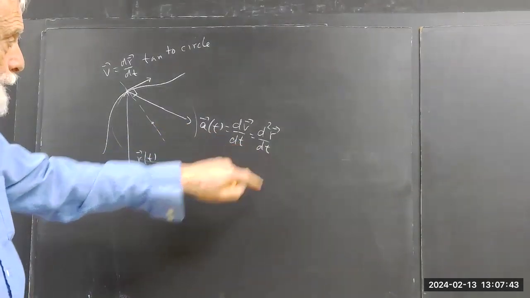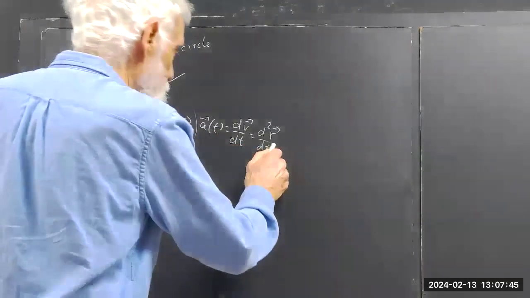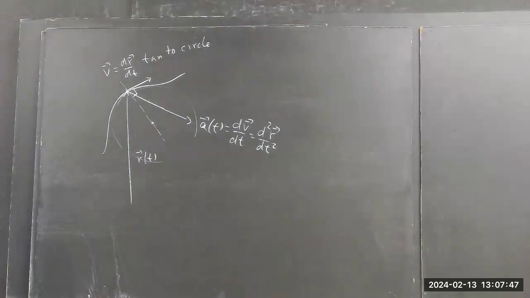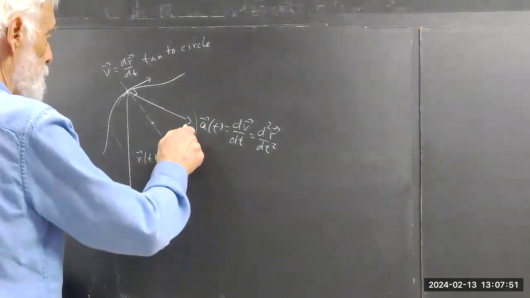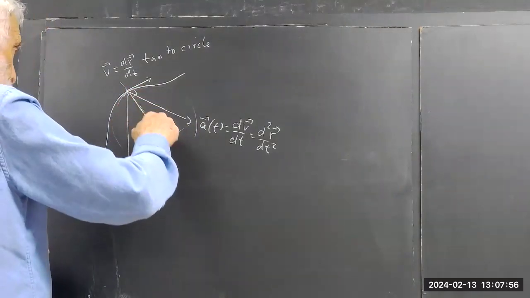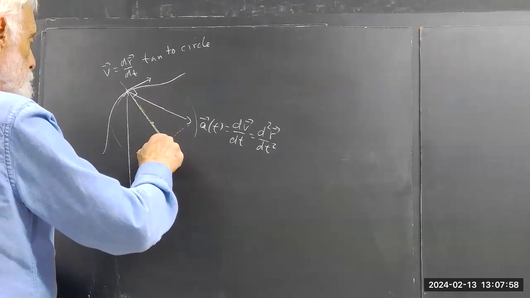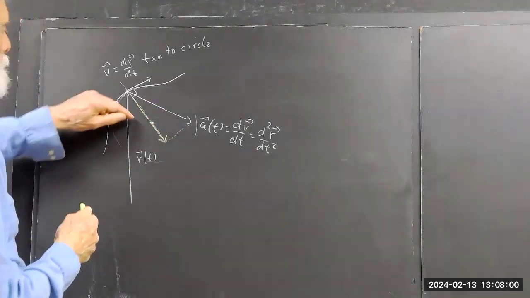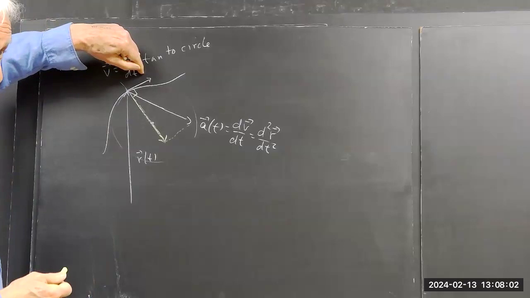So that's the acceleration. Now, this acceleration has a component in the centripetal direction, which is perpendicular to your tangent vector.